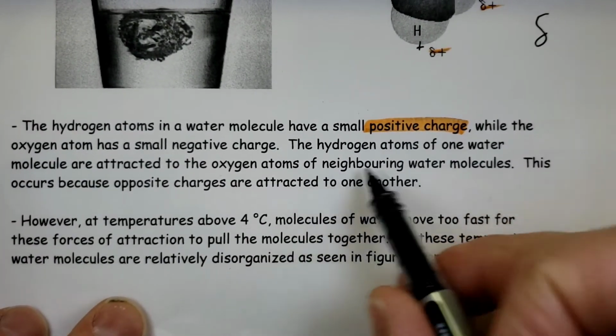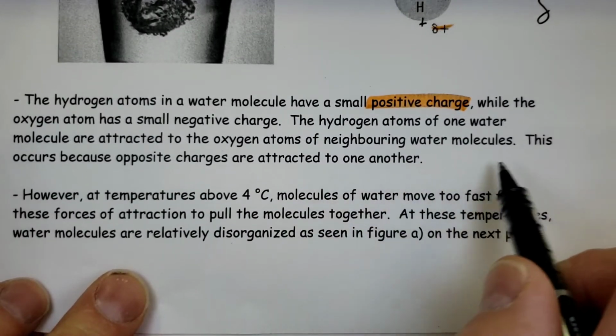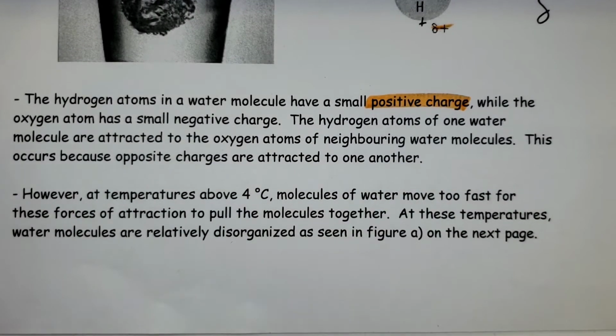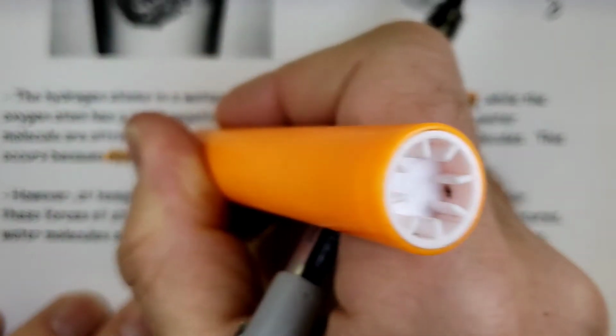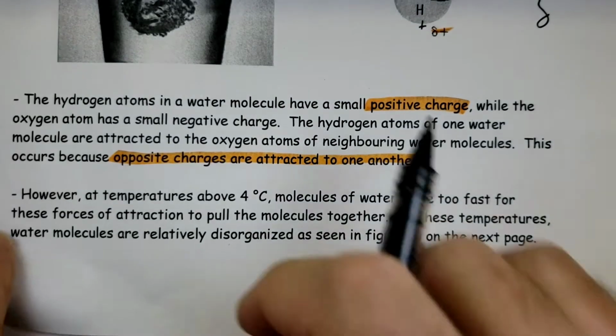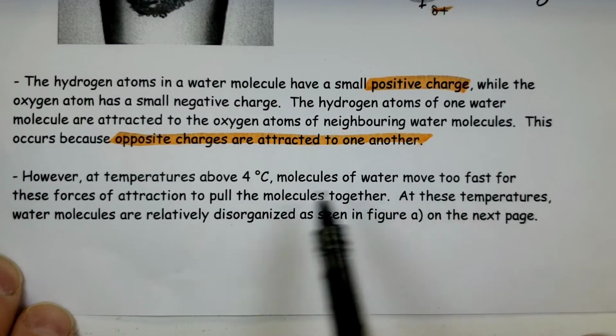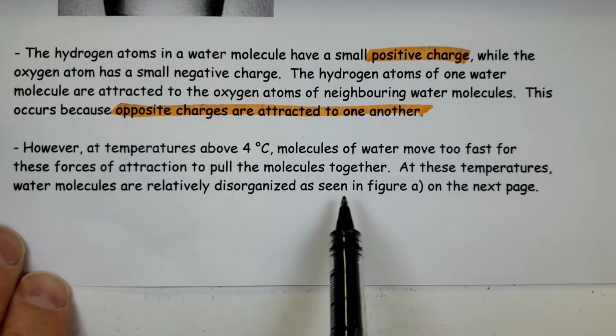This occurs because the hydrogen atoms of one molecule are attracted to the oxygen of another molecule because, as you learned in grade 9, with static charges, opposites attract each other. However, at temperatures above 4 degrees C, water molecules tend to move too fast for these forces of attraction to pull molecules together.